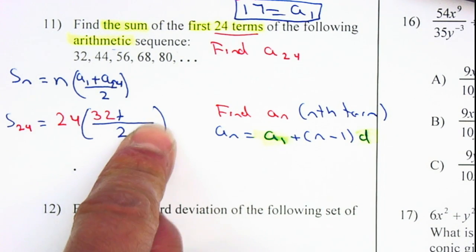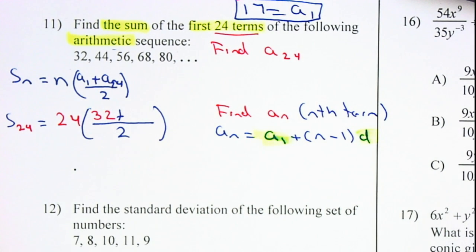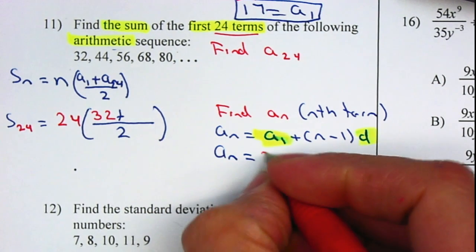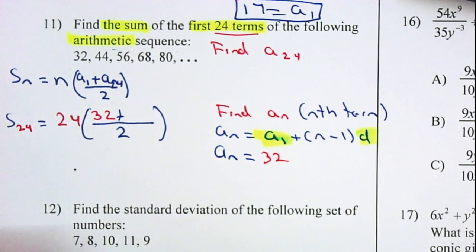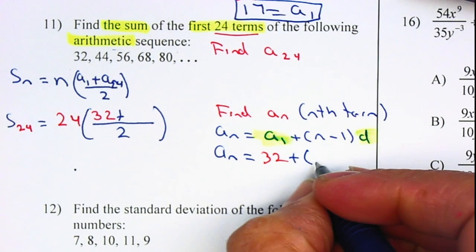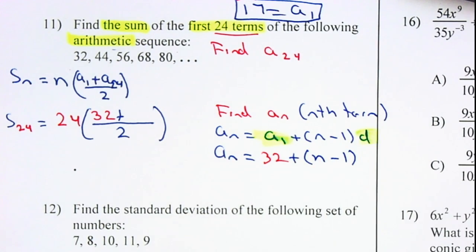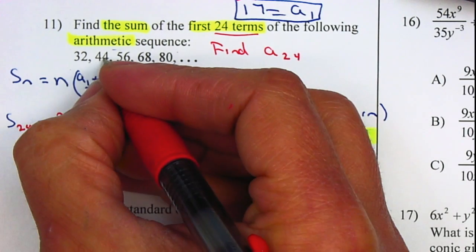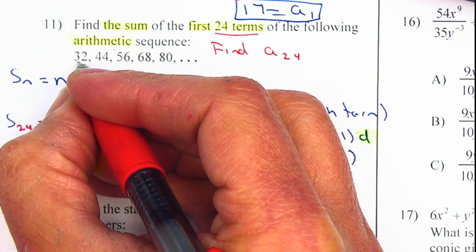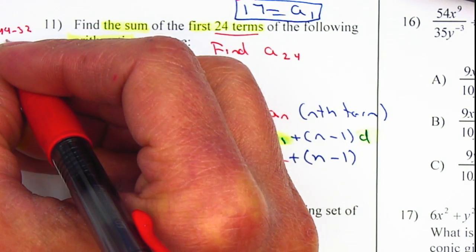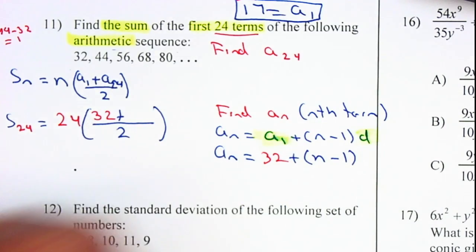the last number. That gives me a sub n is equal to a sub 1, which is 32, plus n minus 1, multiplied by the difference. The difference is 44 minus 32, and that will be equal to 12.